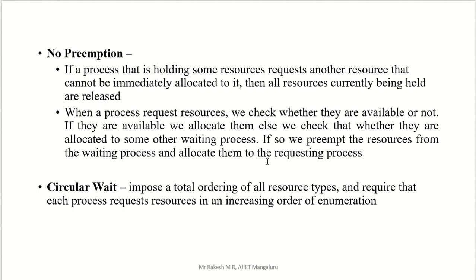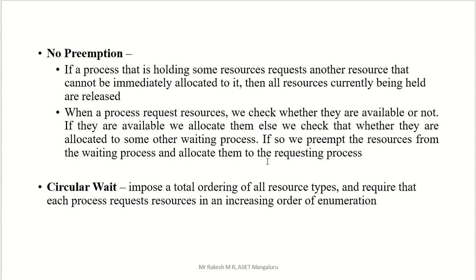Now I will go for an example. P1 and P2 are the two processes. P1 is requesting R1, but R1 is allocated to P2, and P2 is not executing, it is waiting for another resource, R3.